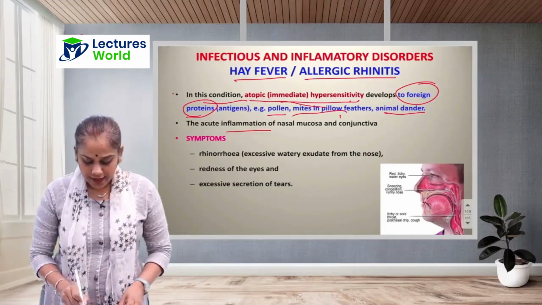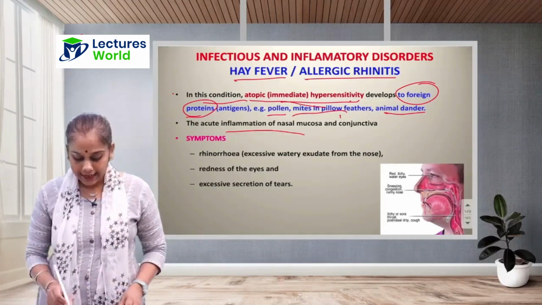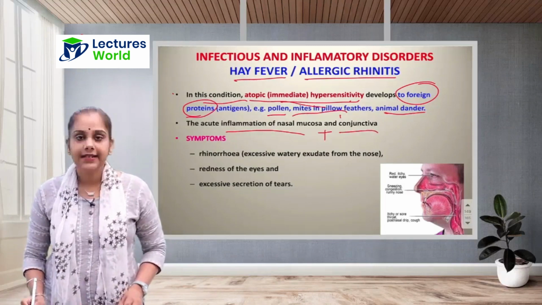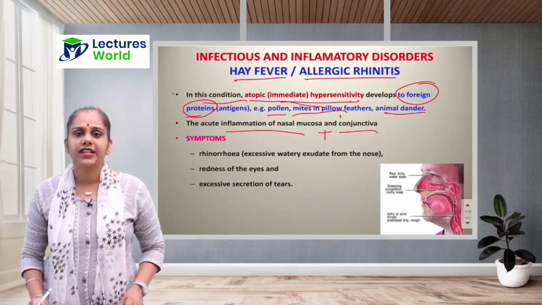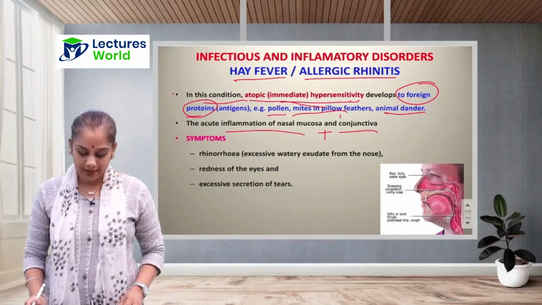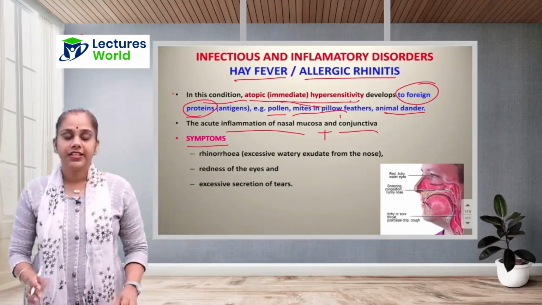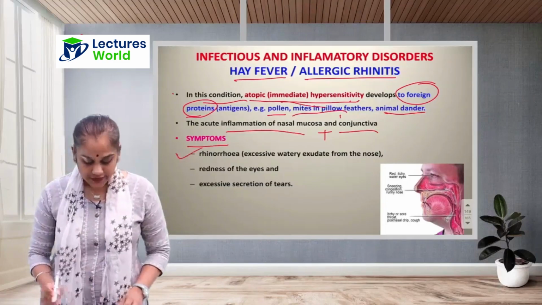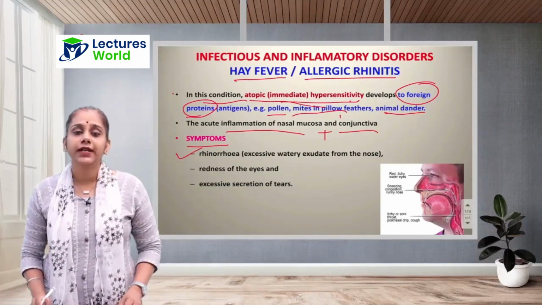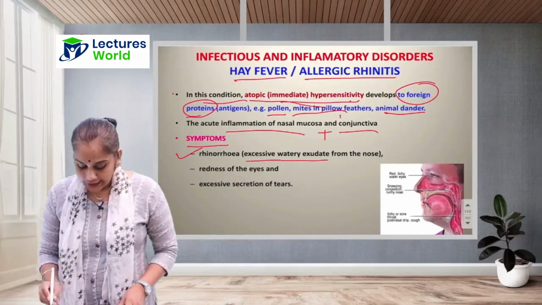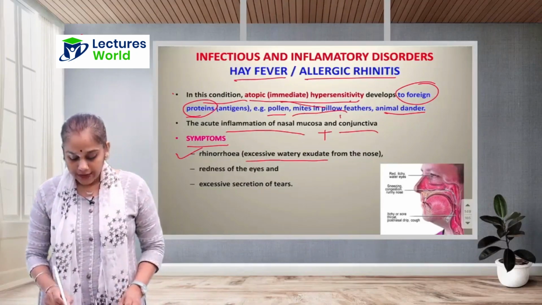There is acute inflammation of the nasal mucosa and the conjunctiva. These types of symptoms are seen. Which are the prominent symptoms? First one is rhinorrhea. What is rhinorrhea? That is a runny nose, excessive watery exudate from the nose.